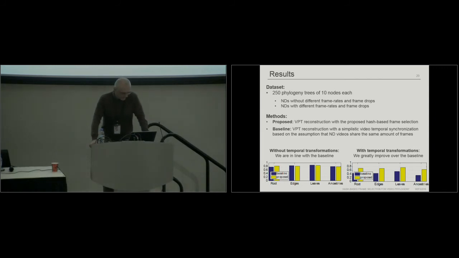And as far as the evaluation of the performance of the algorithm, we have used the typical metrics that are used in the evaluation of phylogeny trees, that is the mean number of correct roots, the mean number of correct edges, therefore the correct father-son relationships that have been obtained, the number of correct final leaves that have been obtained for the phylogeny trees, and also the mean number of correct ancestry relationships.